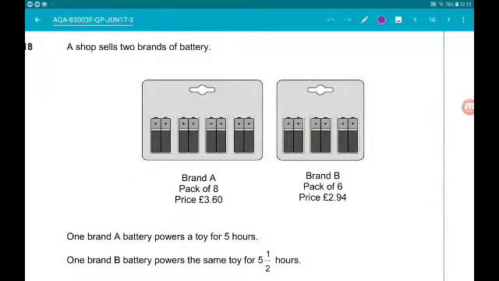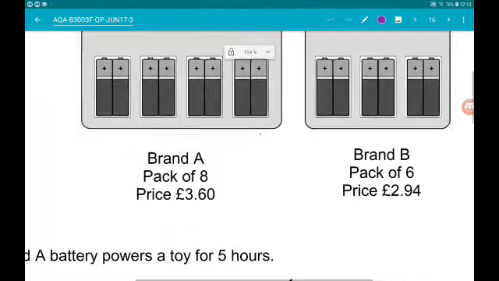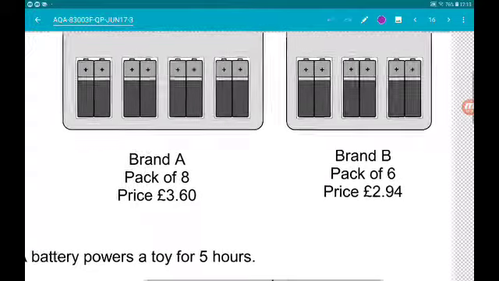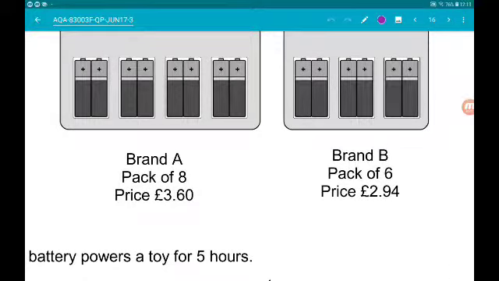Okay, question 18 is 5 marks and a bit of best buy. So a shop sells 2 brands of batteries. For brand A, you can get a pack of 8 for £3.60, and brand B, we can get a pack of 6 for £2.94.